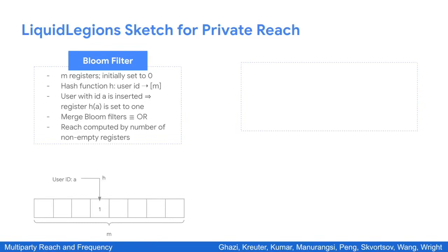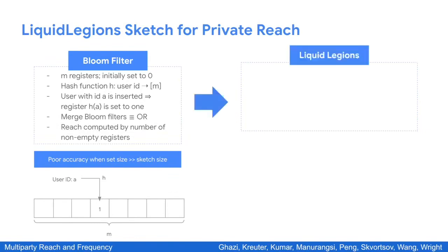All these are good, except that the accuracy of the Bloom filter becomes very poor when the reach is much larger than the sketch size m. And this leads us to our modification of the Bloom filter sketch, which we call the liquid region sketch.